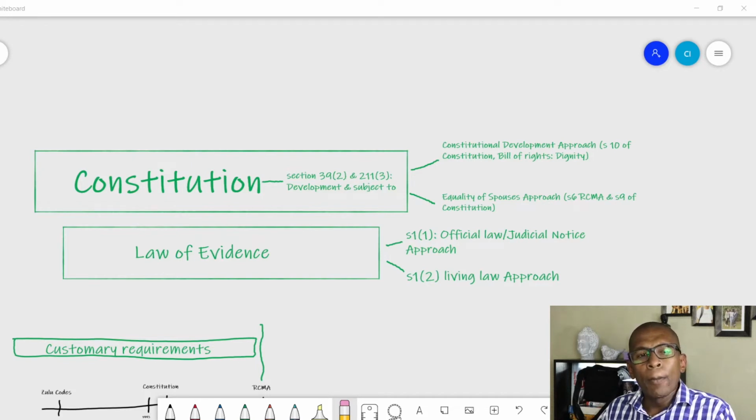Now, above all of these things, there is still the Constitution that we spoke about, and we'll make an example of a judgment where the constitutional development approach started creeping in and started to reach perhaps different conclusions to just applying either of the official law approach or the living law approach.